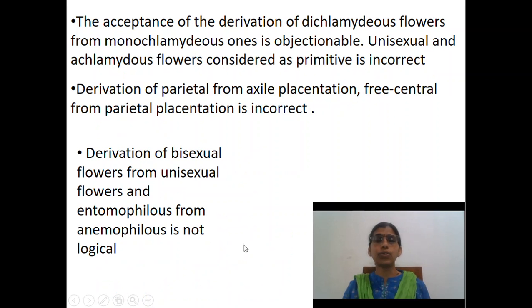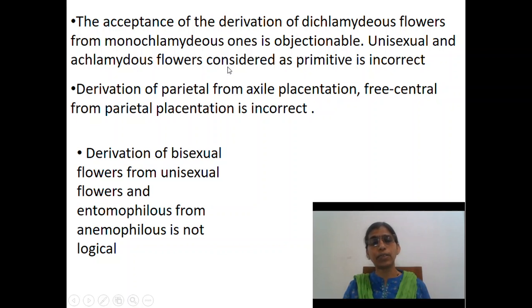The assemblage of all Sympetalae members under Metachlamydeae increased the distance of closely related orders. The acceptance of the derivation of dichlamydeous flowers from monochlamydeous ones is objectionable. Unisexual and achlamydeous flowers considered as primitive is incorrect.